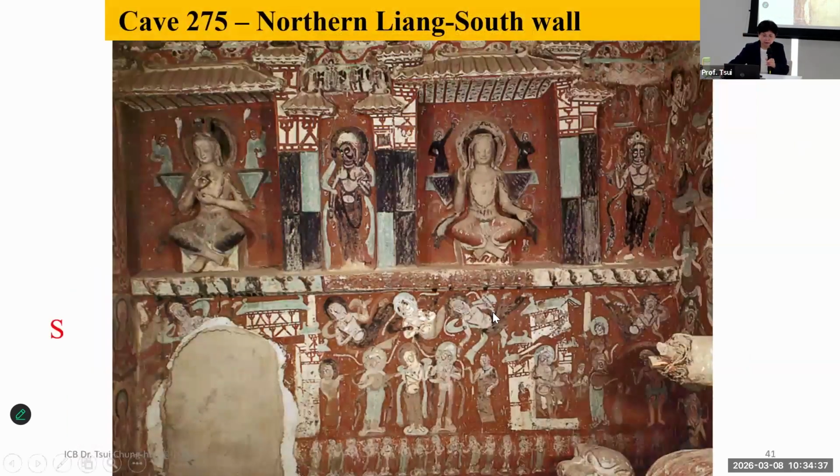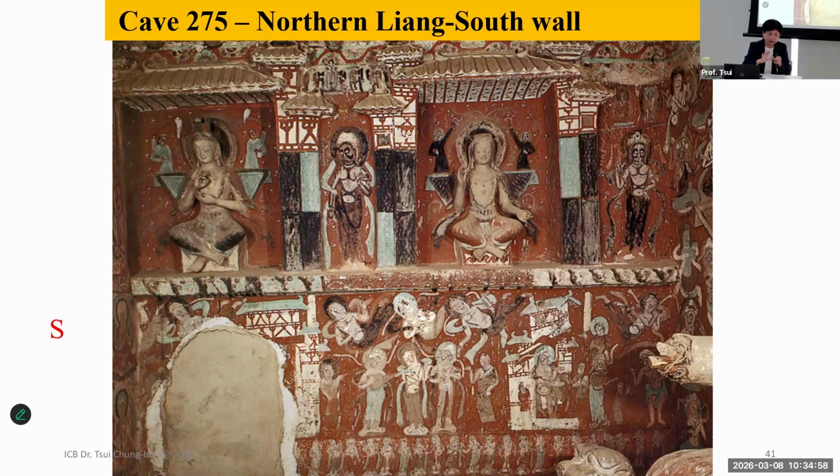And we mentioned that the life story of the Buddha is depicted on the south wall. On the south wall, you can also see the painting style and the figures of a very early type of art in Dunhuang.